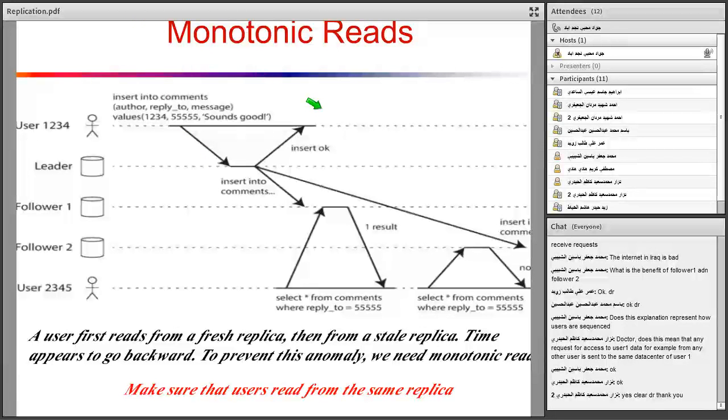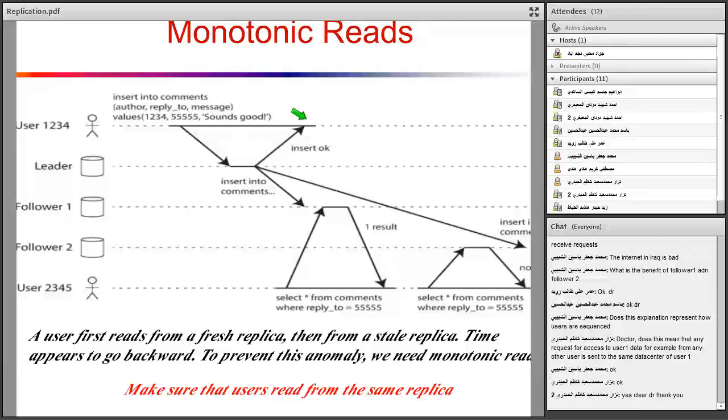Welcome, Nazar. Another example is monotonic read. Please concentrate on this slide. User 2345 sends this write query to the leader, the query is performed on the leader, and OK is sent to the user.